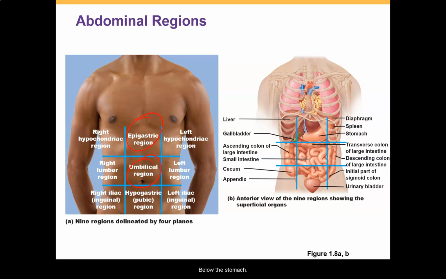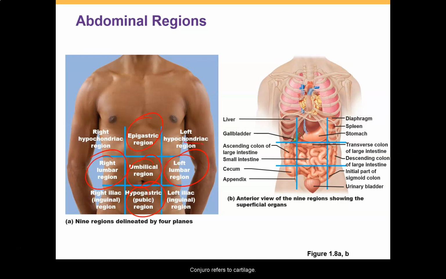Hypo, below the stomach, hypogastric. Lumbar, which is one of those surface anatomy terms that I want you to remember. Lumbar is down here. On the left side, left lumbar region. On the right side, right lumbar region.